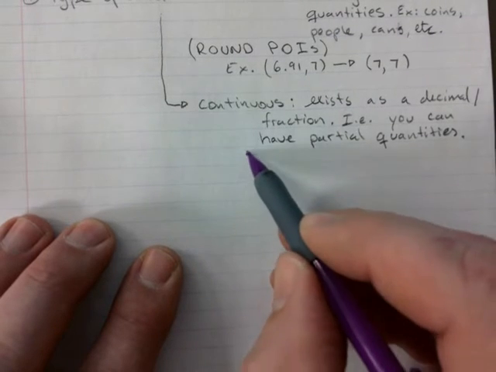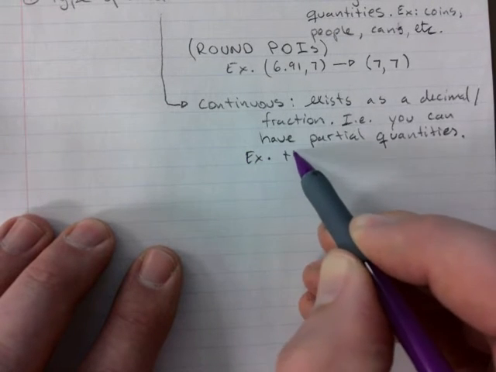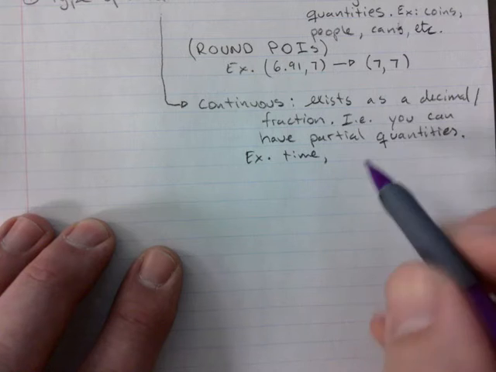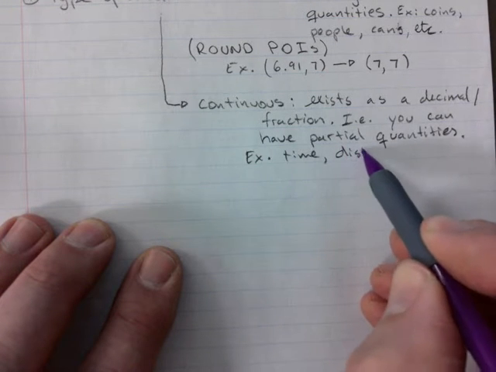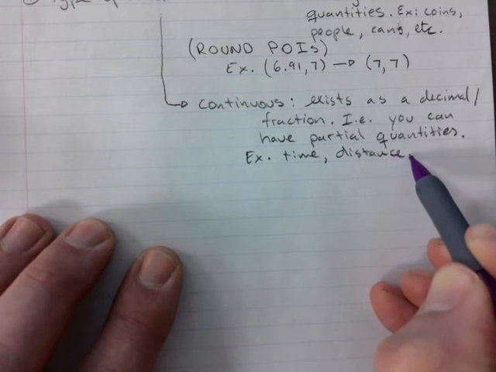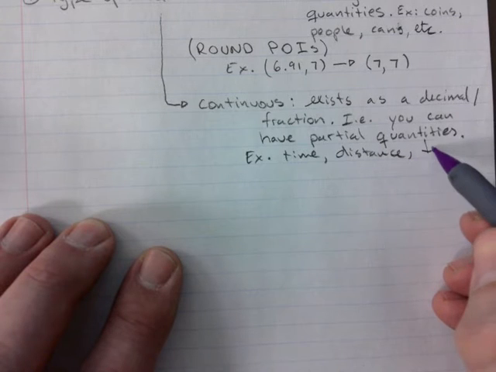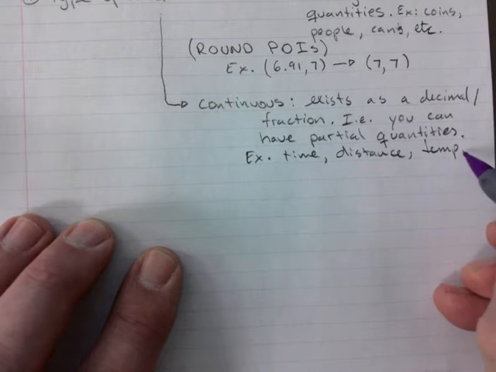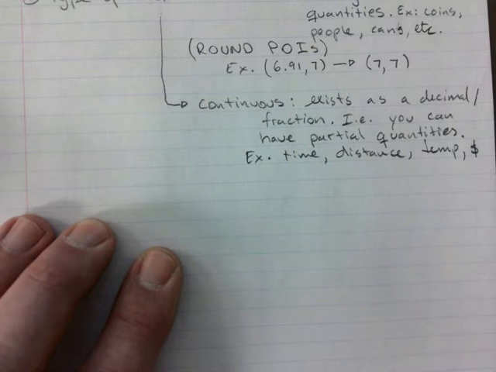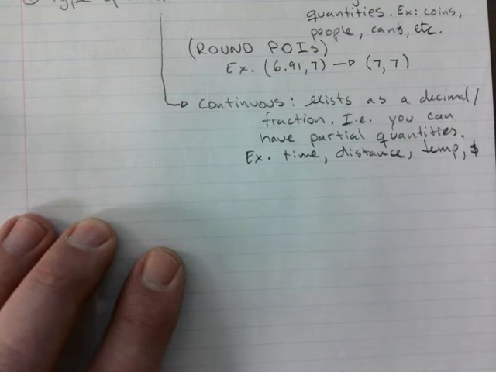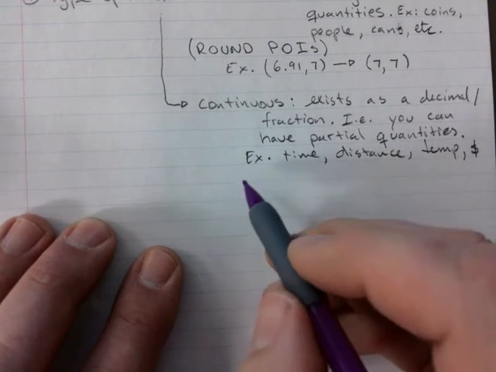So the examples here would be time, right, distance, temperature, money, and so forth. So if you have a decimal, no problem, right? Use POI as is.